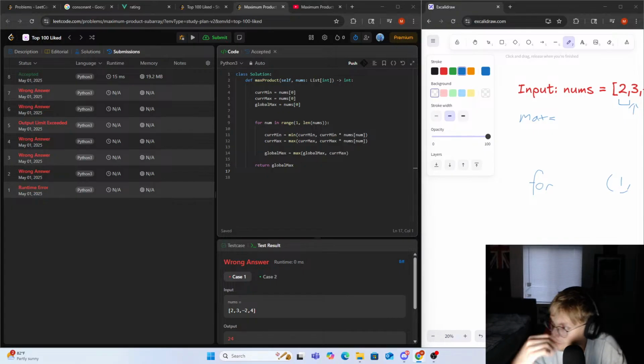Let's see. You do not consider swapping curMin and curMax when num is negative.